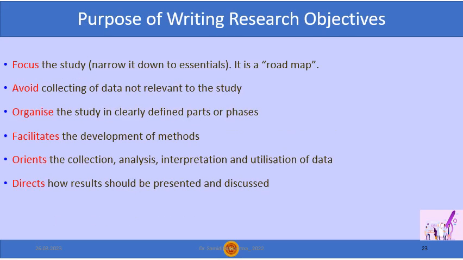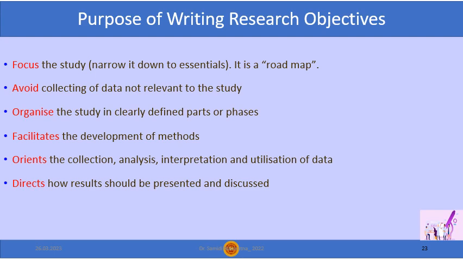So let's see about the purpose of writing research objectives. If you can remember, initially we stated that it's like the road map, the research aims and the objectives, and these particular types of objectives, the specific and the general objectives.